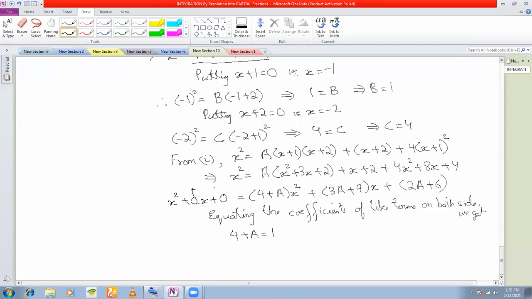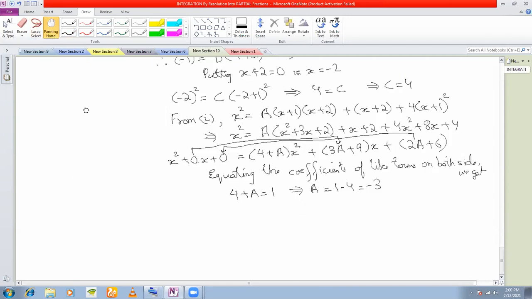So now the coefficient of x becomes 3a plus 9, isn't it? So what you can do is you can either take 4 plus a is equal to 1, or you can take 3a plus 9 is equal to 0, or you can also take 2a plus 6 is equal to 0. Understood? That means you get a is equal to 1 minus 4, which is minus 3.